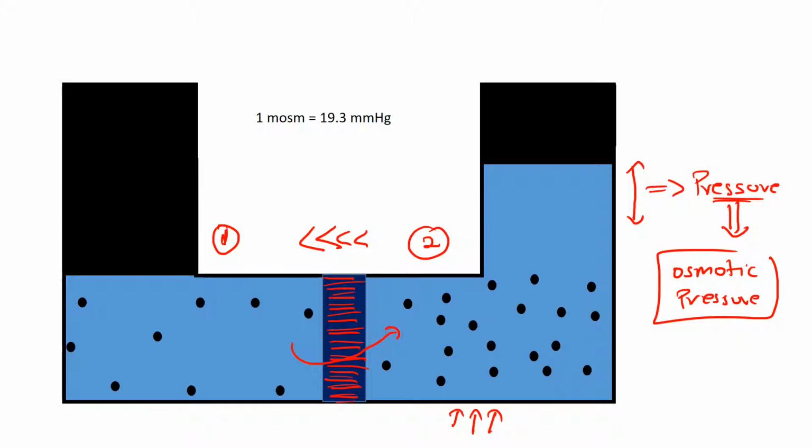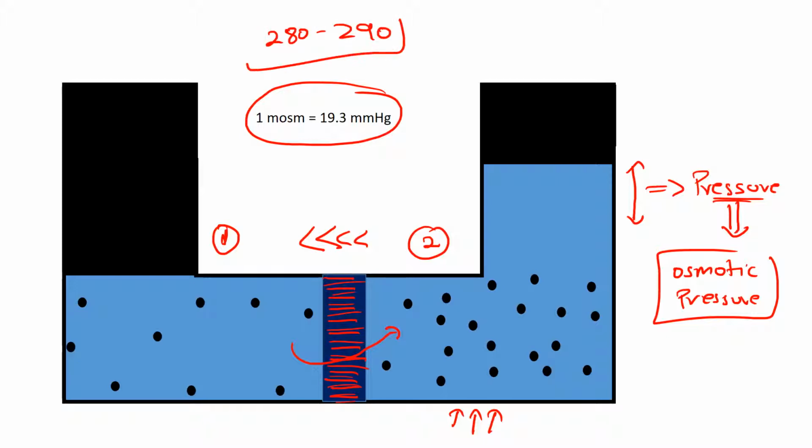Now we have one equation which says that 1 milliosmole is equal to 19.3 millimeter of mercury. As I have already told, the blood osmolarity is about 280 to 290 milliosmoles.